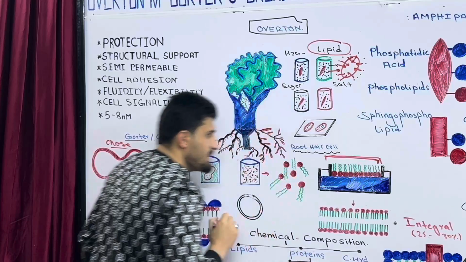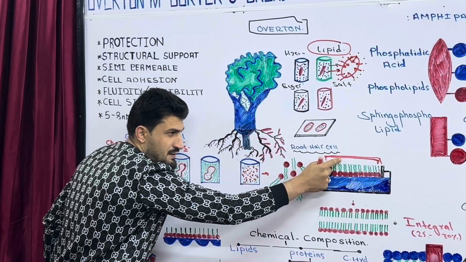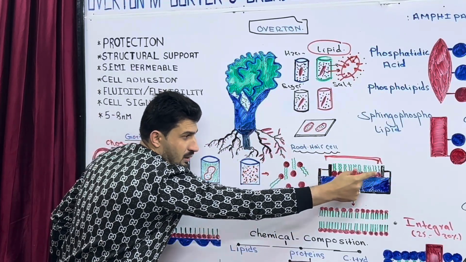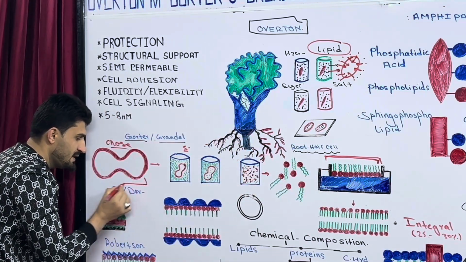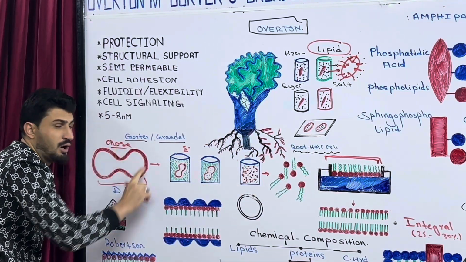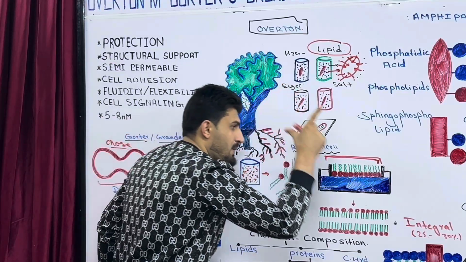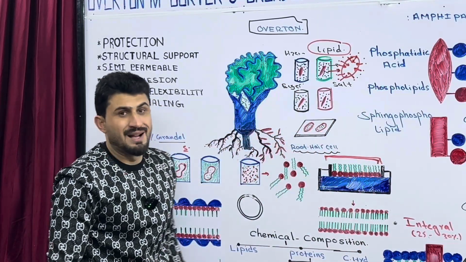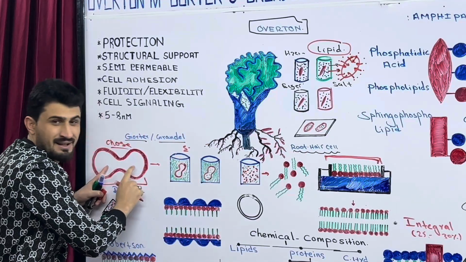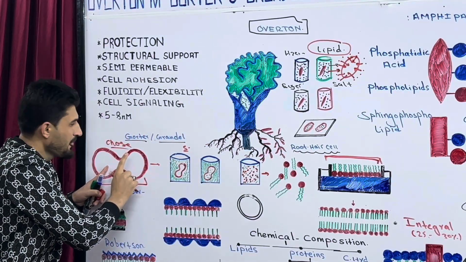When they compared the surface area of lipids on the surface of water with the surface area of RBC, it was double the surface area of RBC.